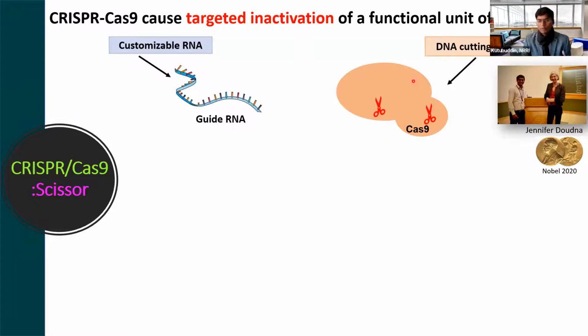Now, if I want to give you a very easy analogy, this guide RNA is nothing but like a genomic address. You are giving an address, and you are writing that address because you can customize this RNA. And now this Cas9 is like a postman, okay? This postman has two scissors in its pocket.